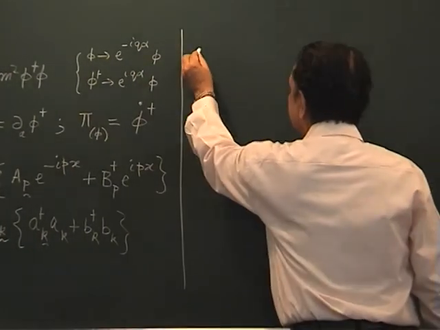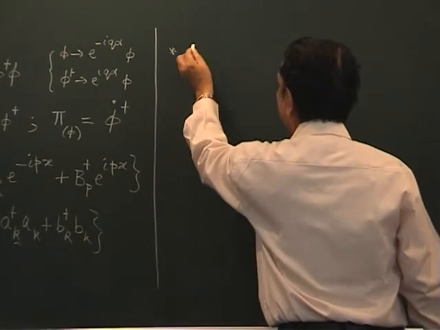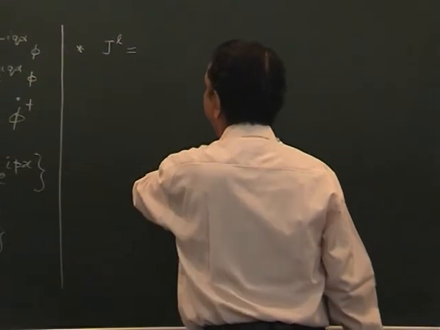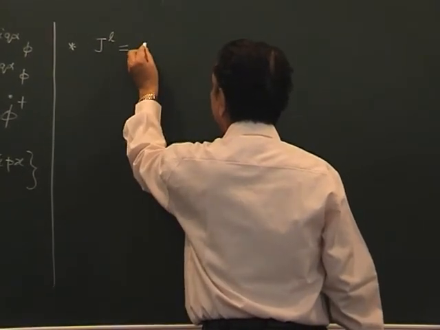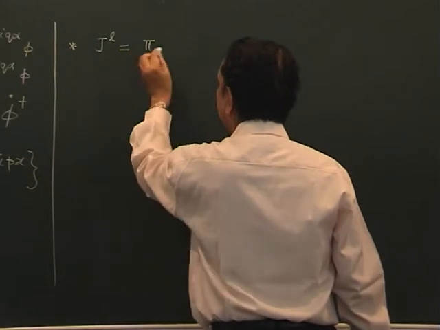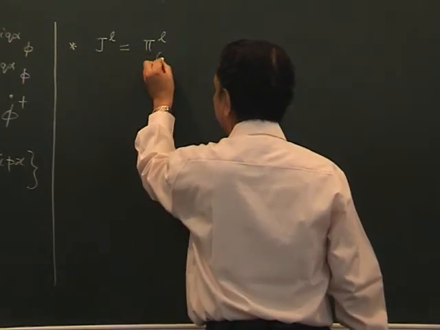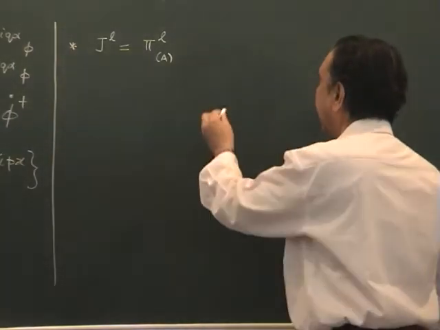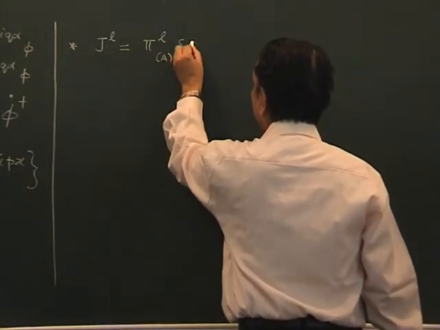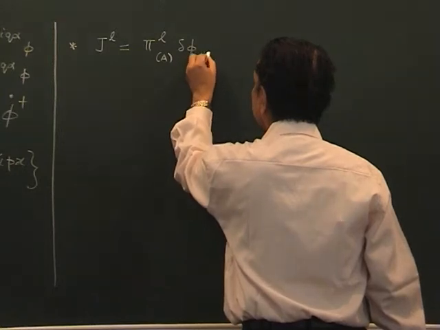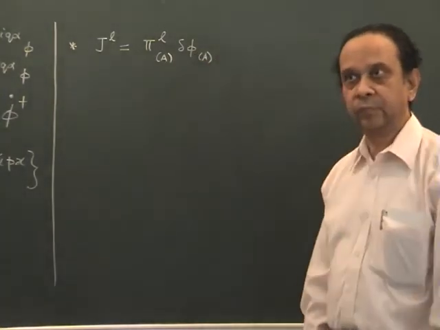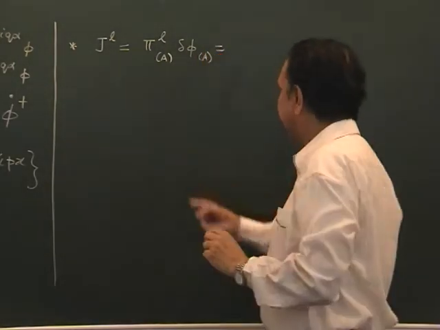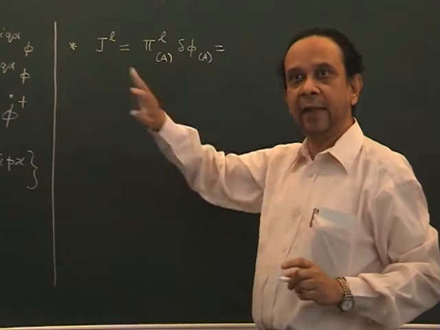So we found that the conserved current can be written as, you should go back and refer to your notes, some J, which is essentially pi for the fields, which I will denote by some capital A, times delta phi of the fields summed over A. Okay? In this particular case, this A goes for phi and phi dagger.